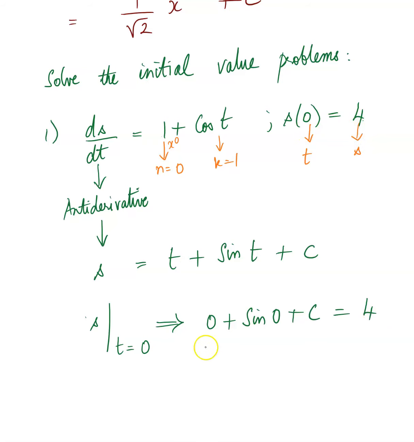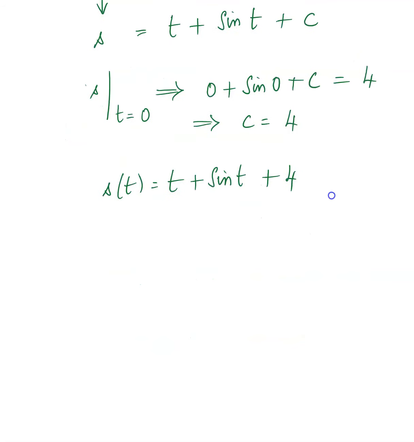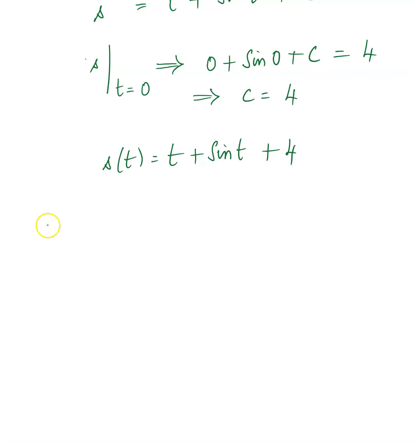And that helps us find c as 4. We come back and say s of t is t plus sine t plus 4. So we've seen this. Do another one.